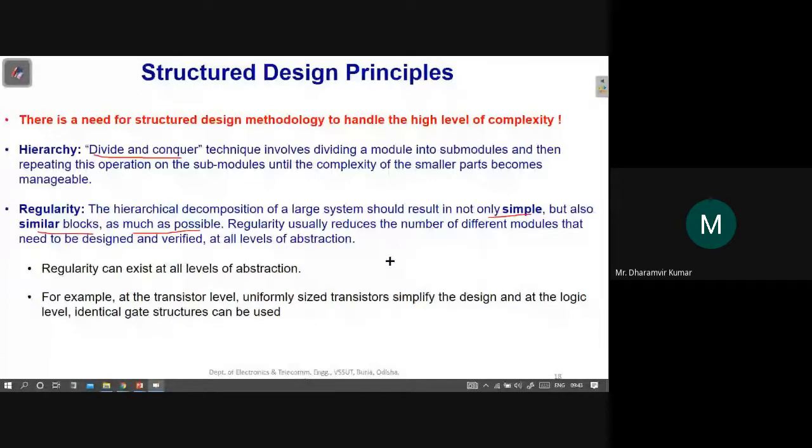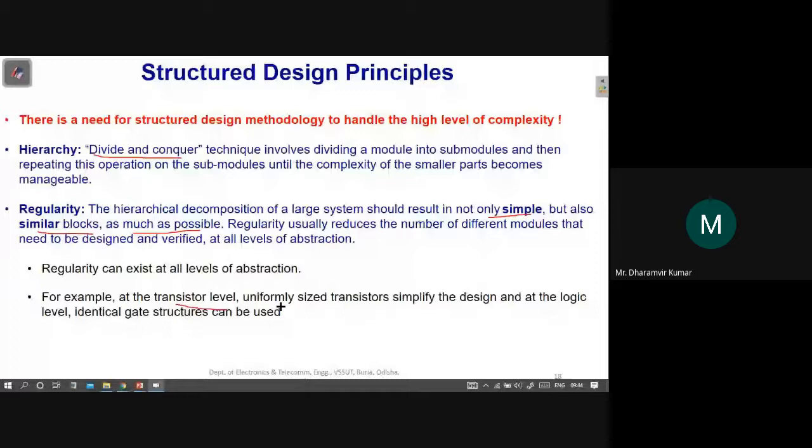And why is it so? Because when there are similar blocks to be used many times, that makes the whole design process fast, as we will use the similar block and create a copy of it as much as you want. It will also save design time for the design engineer.